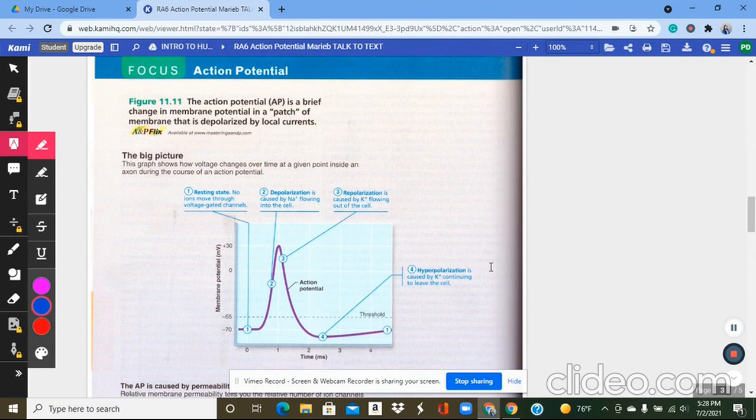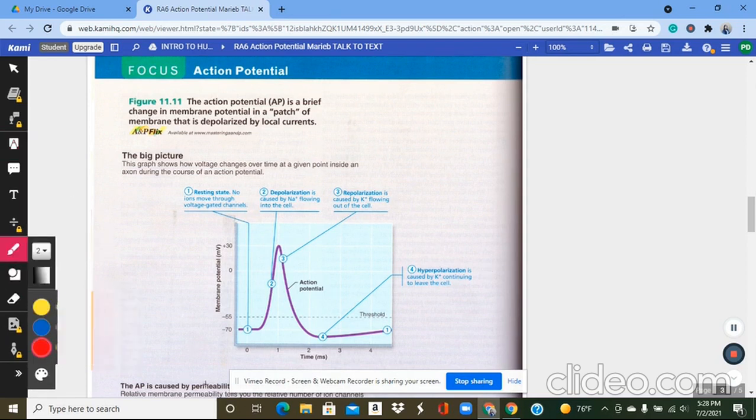So number 1 is probably the resting state, 2 depolarization, 3 repolarization, 4 hyperpolarization. During the resting state, no ions move through the voltage gated channels, and it's at negative 70 millivolts.